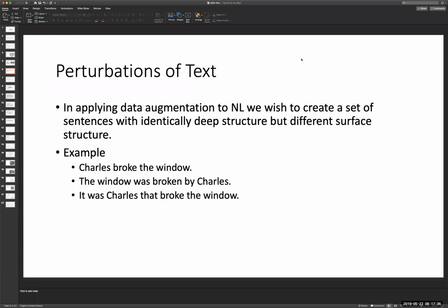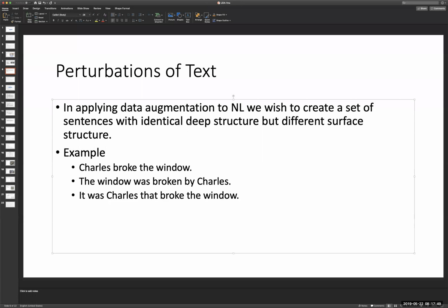So in applying data augmentation to natural language, we wish to create a set of sentences with identical deep structure, but different surface structure. Those are kind of linguistic terms, but here's a concrete example.